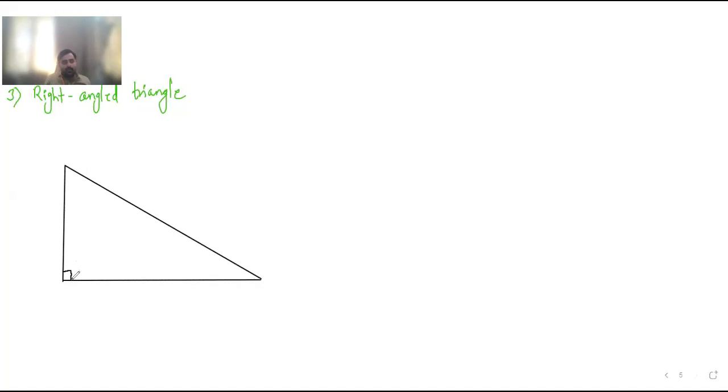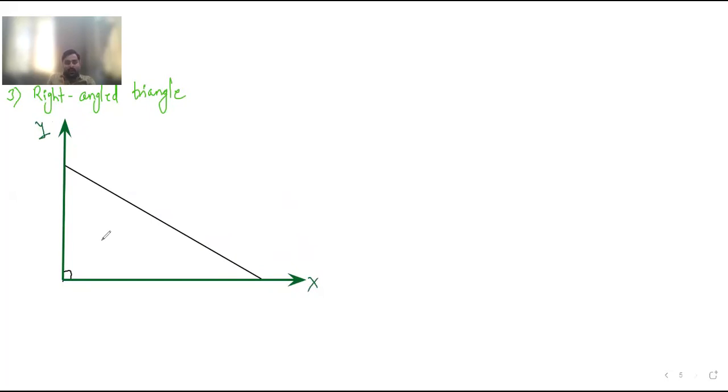This angle is 90 degrees. Now I will draw the reference axes first. This is the y-axis, this is the x-axis. This is my reference x-axis and this is the reference y-axis.